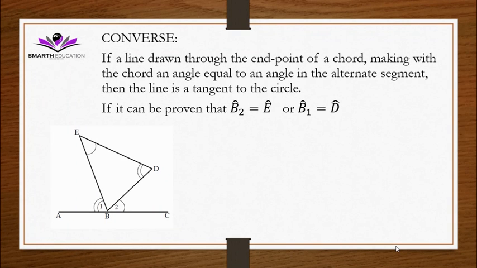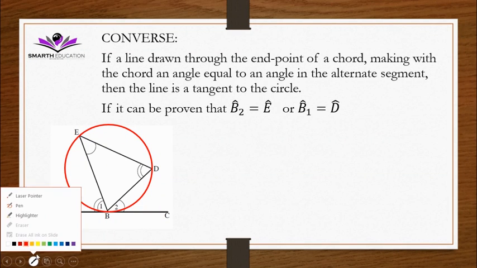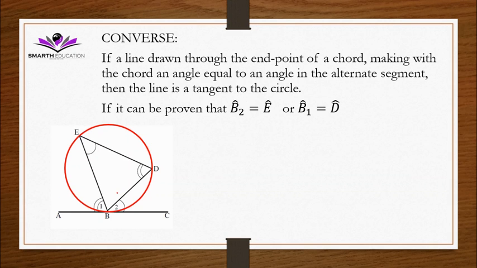Now, if it can be proven that angle B2 is equal to angle E, or if it can be proven that angle B1 here is equal to angle D here, then we can say this line AC is the tangent. That's the converse theorem.